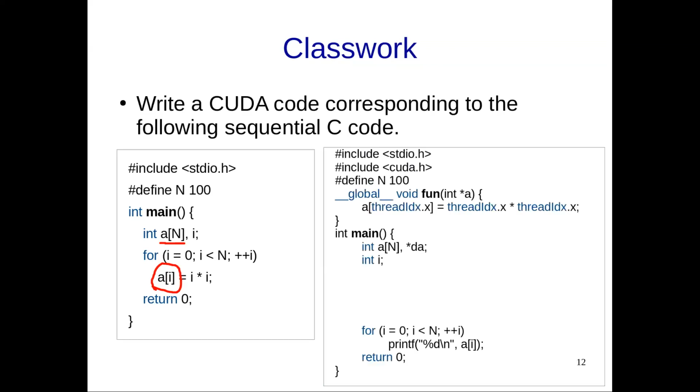All right. So let me show you what we require, at least the part of the code. What we want to do is essentially the same. We have this array, and in the end, I am printing it from the CPU. That was not part of the original program, but this is for our understanding. Then I take Koti's suggestion of a[threadIdx.x] equal to threadIdx.x times threadIdx.x.